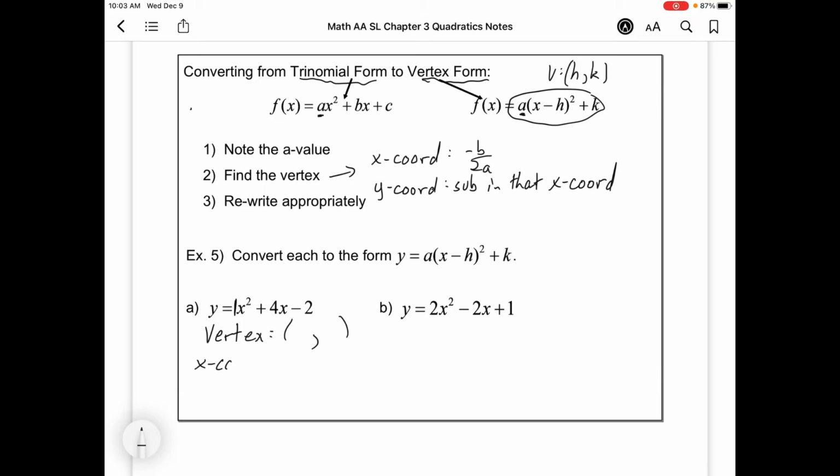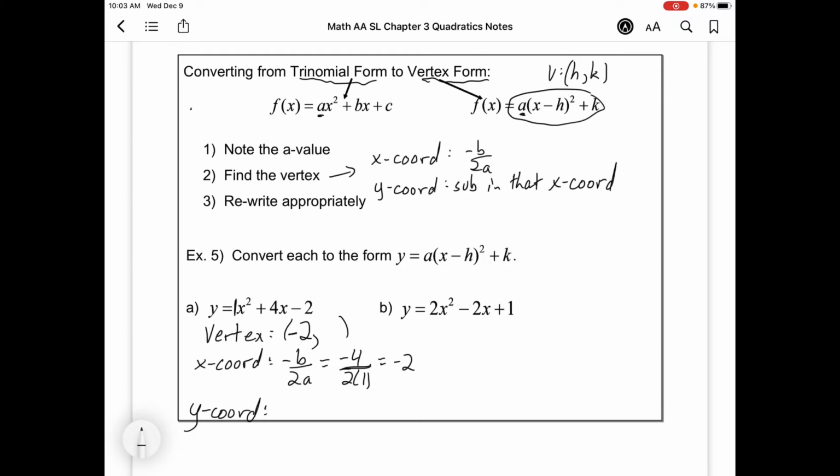The x-coordinate comes from negative b over 2a. So for us, that's going to be negative 4 over 2 times 1. And that would give us negative 4 over 2, or negative 2. Great, there's the x-coordinate of the vertex.